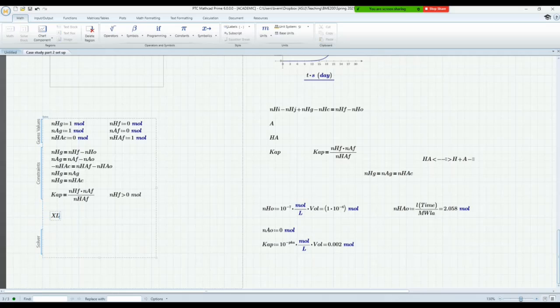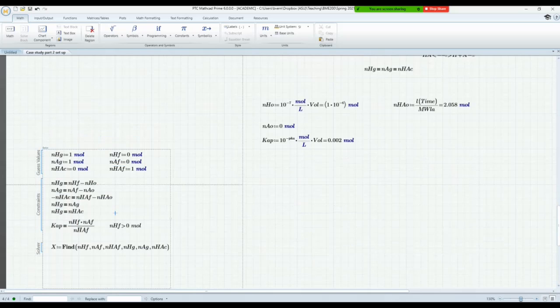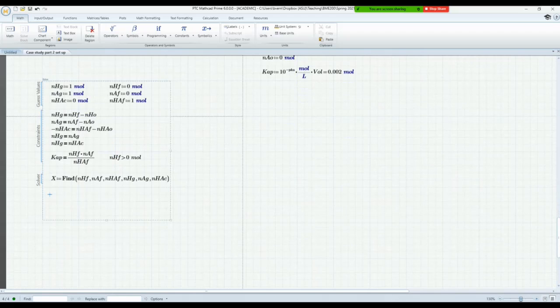So then X is equal to, let's find the 6 unknowns here. The reason that's got an error is because this is too far down, so I need to move my box down here. There. So now my solution works. Okay, so now NH final is this first term.